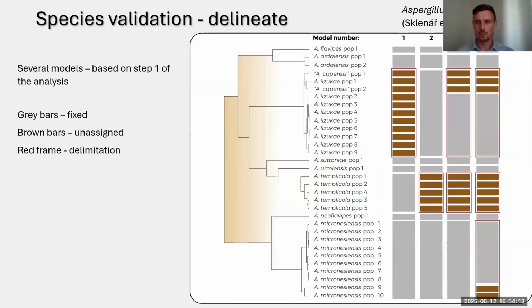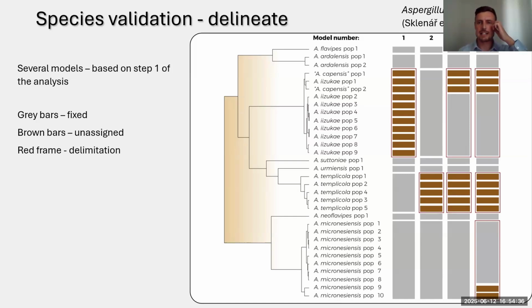So what I then actually present in the studies is this kind of representation or graph, or whatever, that shows several different models that we tested within the validation step.